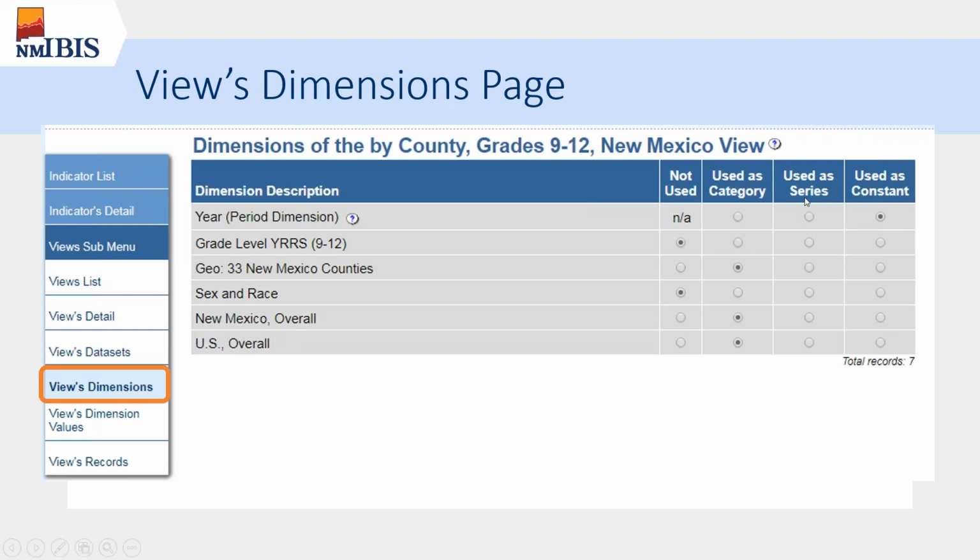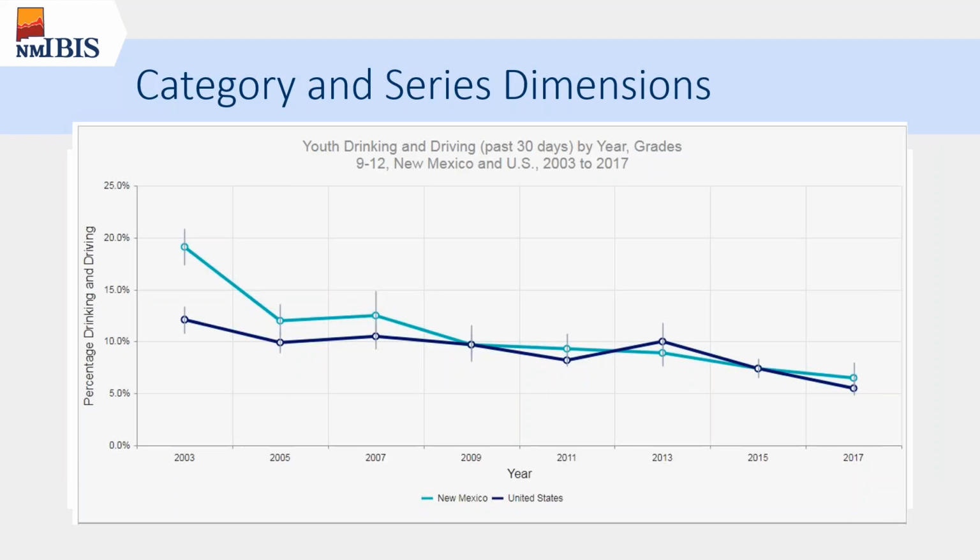Series dimension and series dimension values, and constant dimension. So we're going to take some time to go into this, and please feel free to ask questions, and we're going to do a little audience participation.